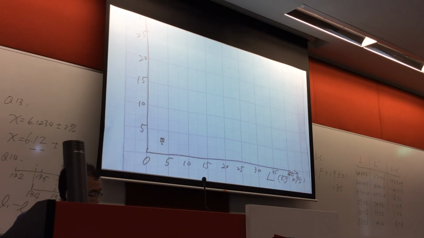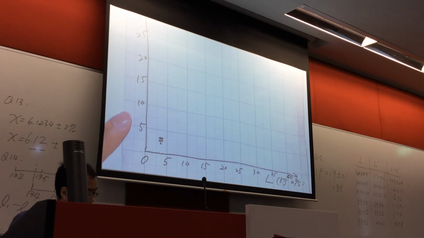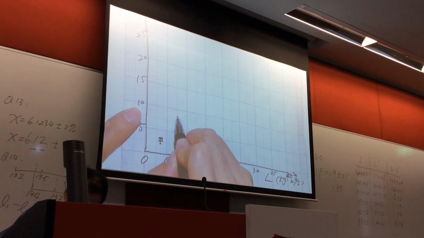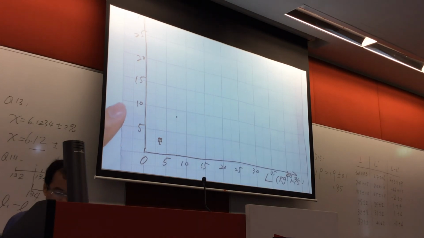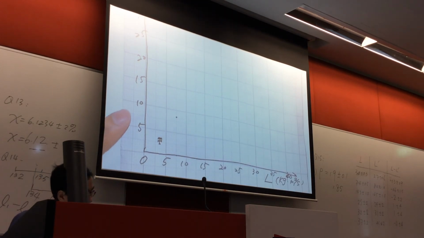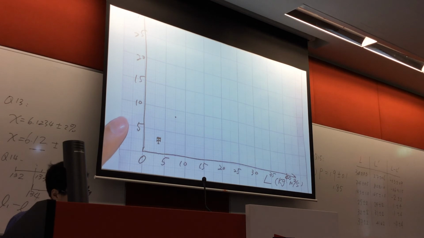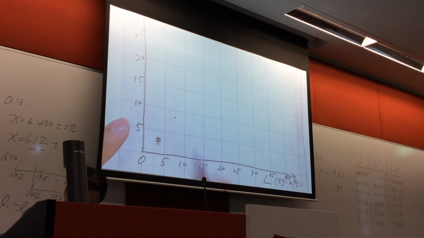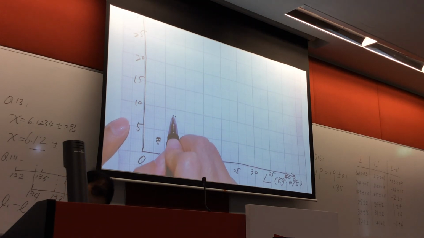Okay, the second one, 7.4. You need to find out where the 7.4 is, somewhere here. So 8 will be here. And 7.4 you have plus minus 0.5 uncertainties, so it will be from this one to here.